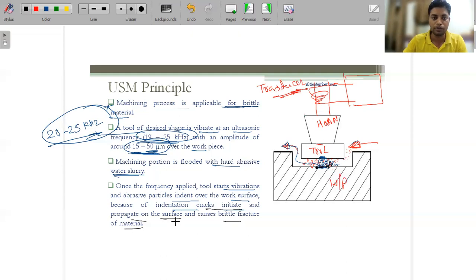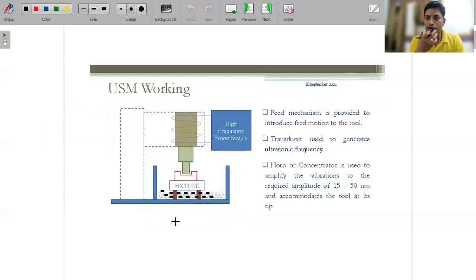Okay, ultrasonic machining process. Let's discuss the working part. This is the high power supply. Here is the transducer portion, and there is a mechanism here, which is basically the servo mechanism.